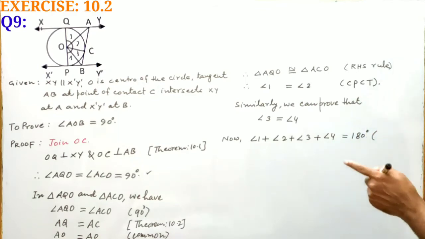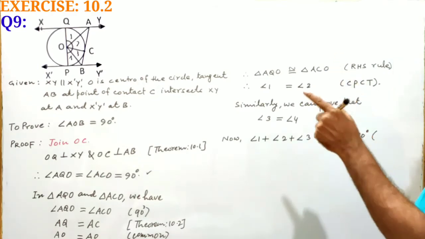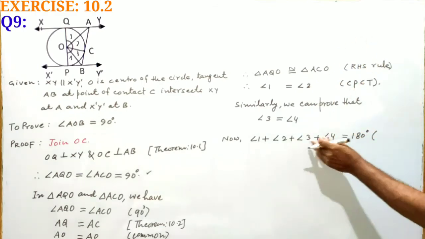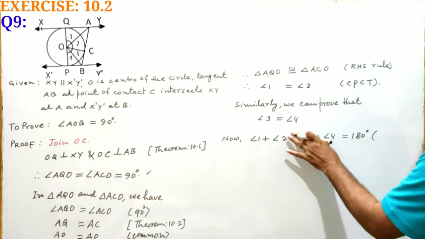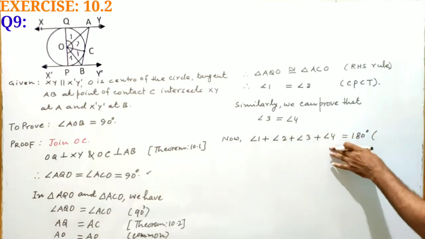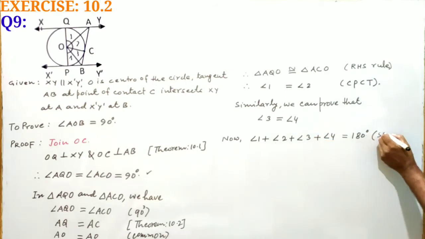As O is center, PO radius, OQ also radius, so POQ is diameter of the circle. So these four angles are adding to 180 degrees because these four angles are together forming a straight angle.